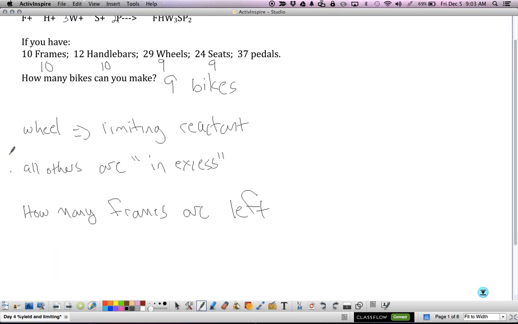And once you've thought hard, you might come to the fact that you need to know how many frames you started with, or you could say at the start. And then you also need to know how many frames are used.